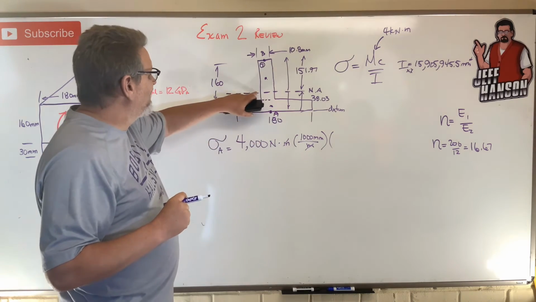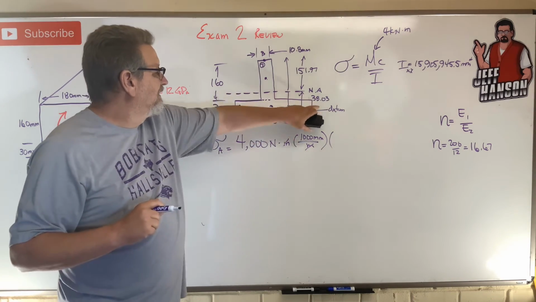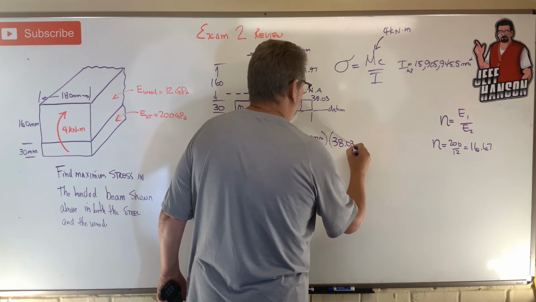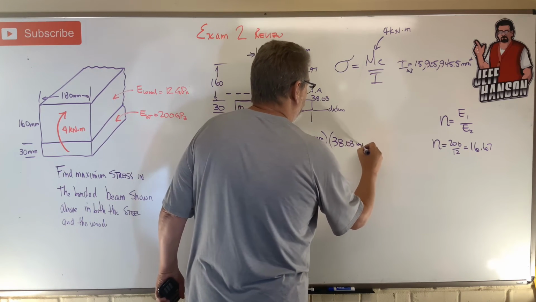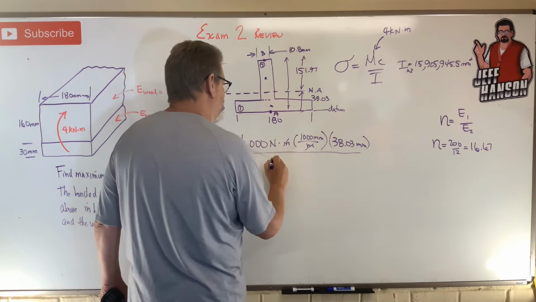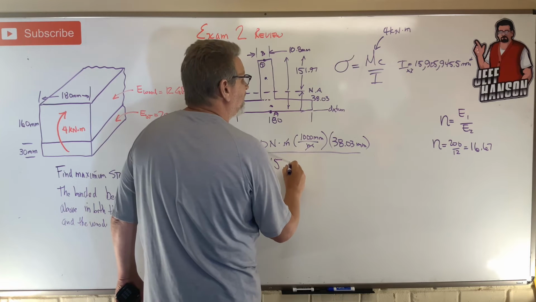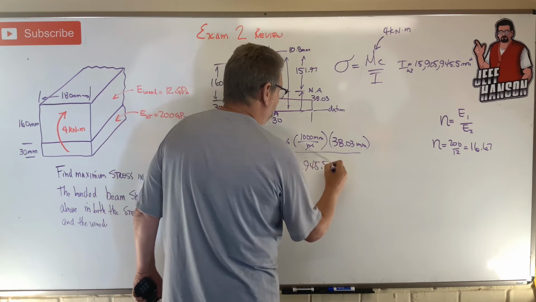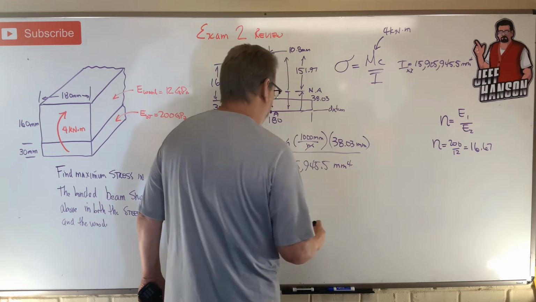C is the distance from here to the outside of the part. It's 38.03 mm, divided by I, which is that giant number, 15,905,945.5 mm to the fourth.